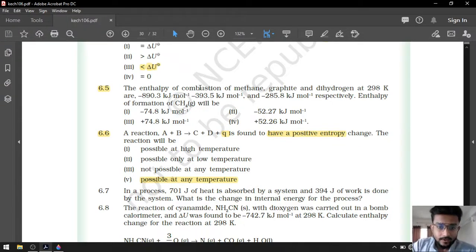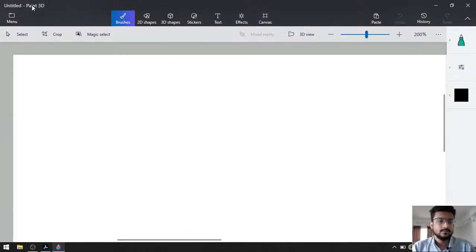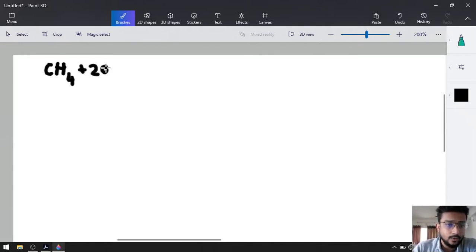The enthalpy of combustion of methane, graphite and dihydrogen has been given. When you burn methane CH4 in the presence of O2, it will give you 1 carbon dioxide and 2 H2O.